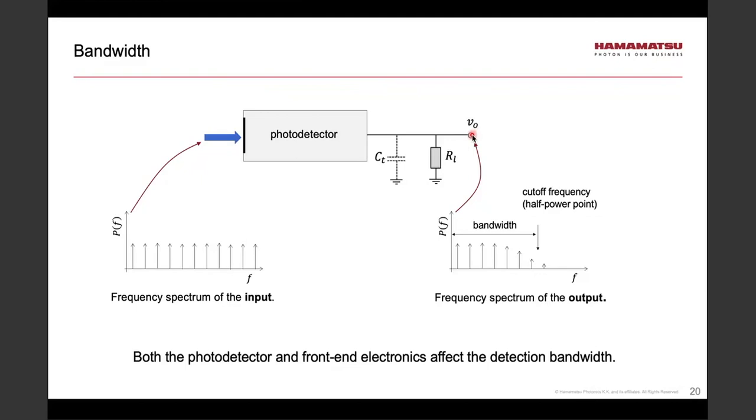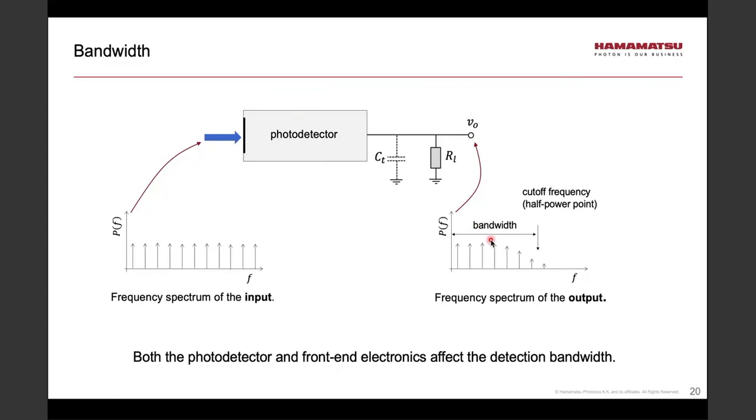However, again, such a photodetector and photodetection system does not exist. Every single one will have some bandwidth limitation, which means that this voltage perhaps eventually will begin to decline as I increase the frequency of modulation. In this particular presentation, I'm showing you a case where we have a low pass.